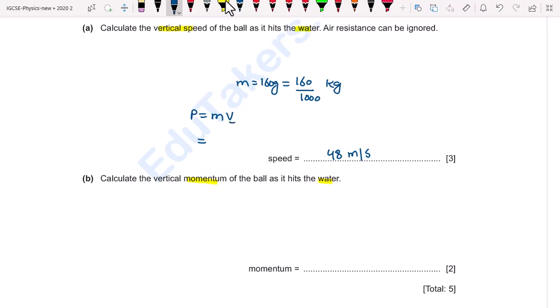And the vertical speed we already calculated is 48 meter per second. So momentum comes to be 160 multiplied by 48 divided by 1000. So it comes to be 7.7 Newton second. The unit of momentum is Newton second or kilogram meter per second. So I write here, momentum comes to be 7.7 Newton second.